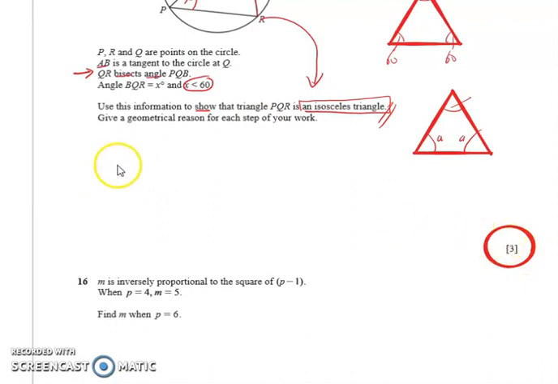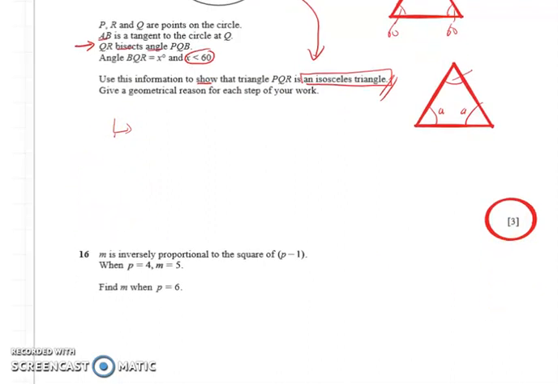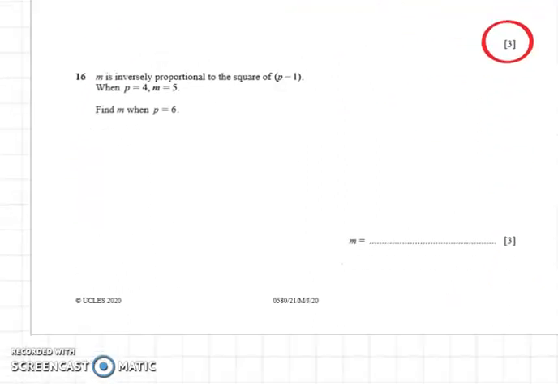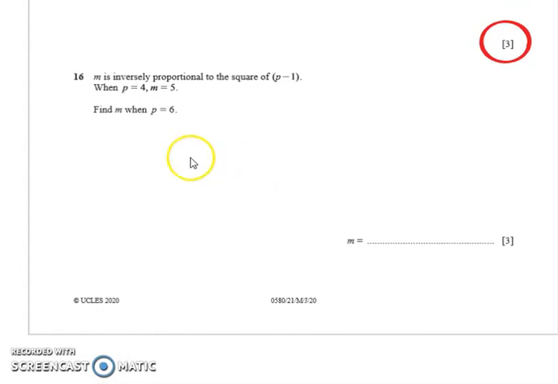Your answers can be in wordings. Now we focus on question number 16. M is inversely proportional, so we put the proportional sign over here. It is inversely proportional, so it's 1 over the square of p minus 1.